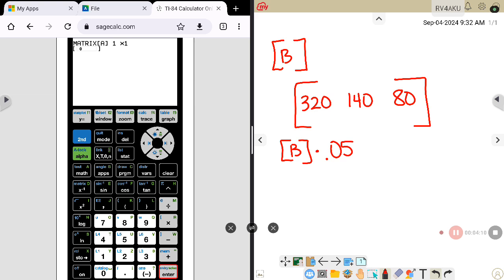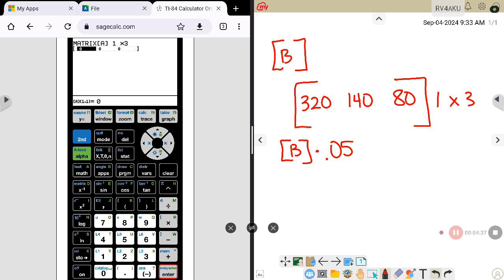So this one has 1 row and then 3 vertical, so 3 columns. So that's what I need to tell the order of this matrix. So 1, enter, 3, enter.